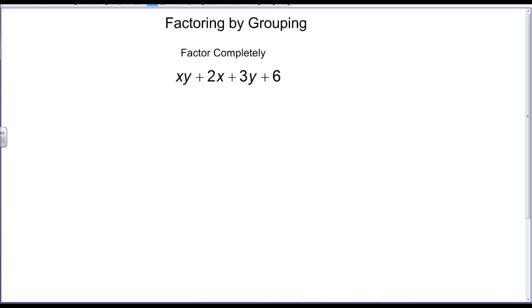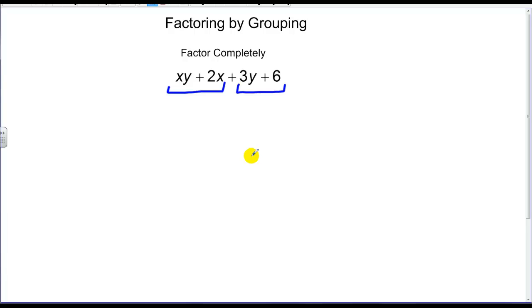Now we're going to talk about something called factoring by grouping. We had been doing greatest common factoring. Factoring by grouping involves what it actually says: splitting up a term into two separate groups. And within those two separate groups, try to split them so that there are some common terms in each group.